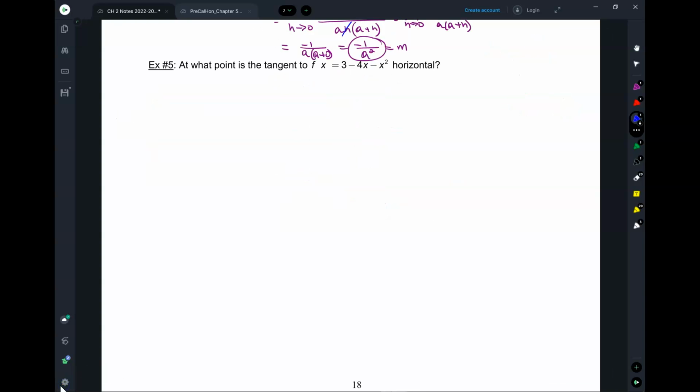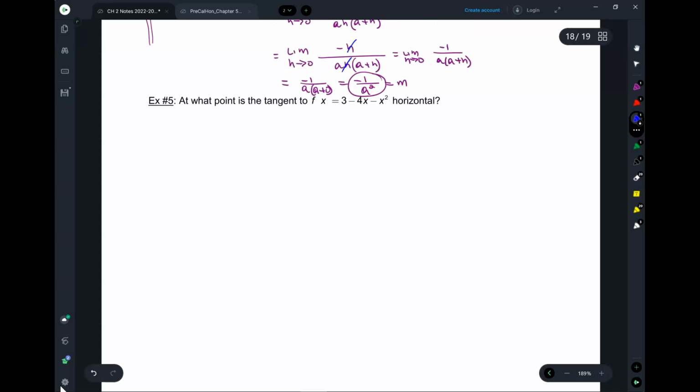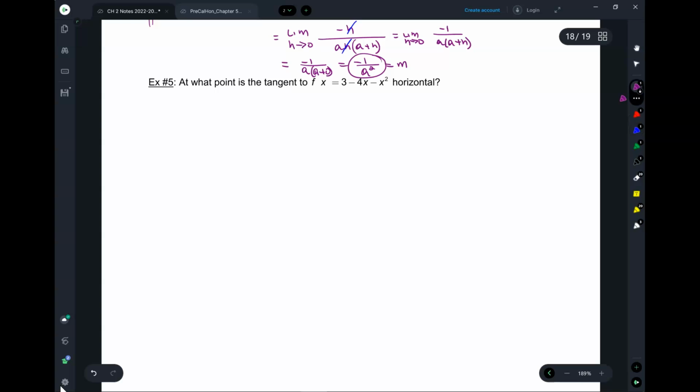Okay. So at what point is the tangent to f of x horizontal? Horizontal tangent means the slope of the tangent is 0.